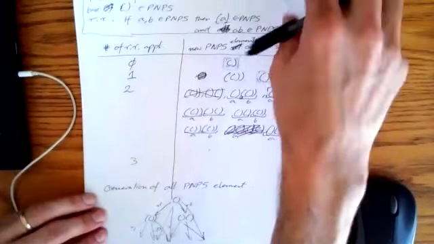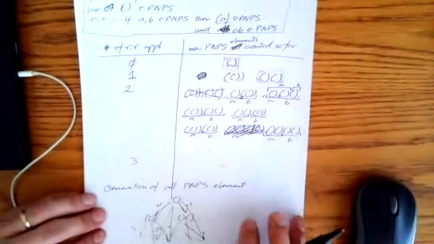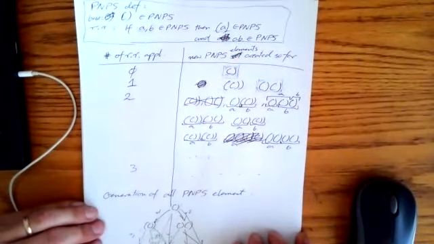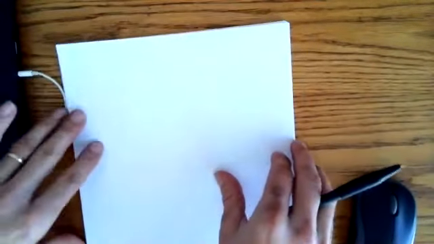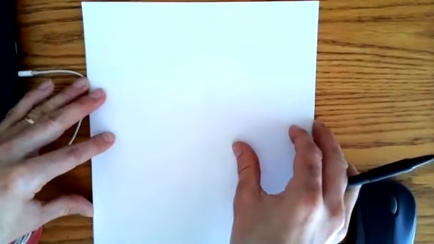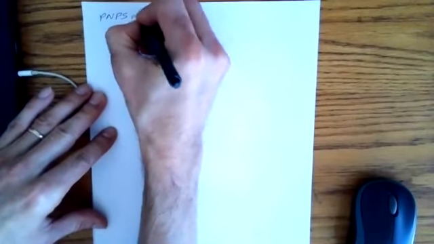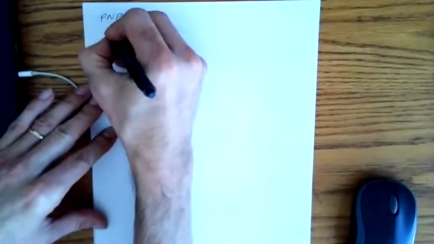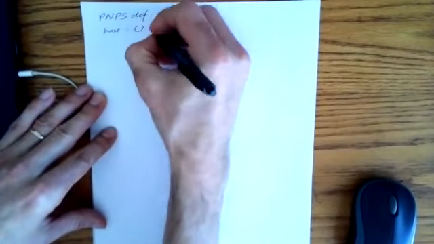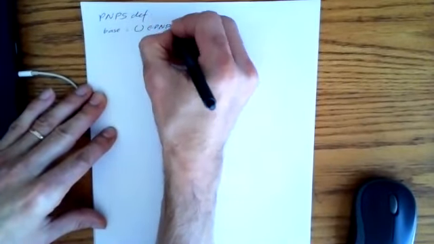But yet the code is very concise, all right? Another way to look at this: here's the PNPS definition again. It's so short, I can repeat it. I can write it very fast.